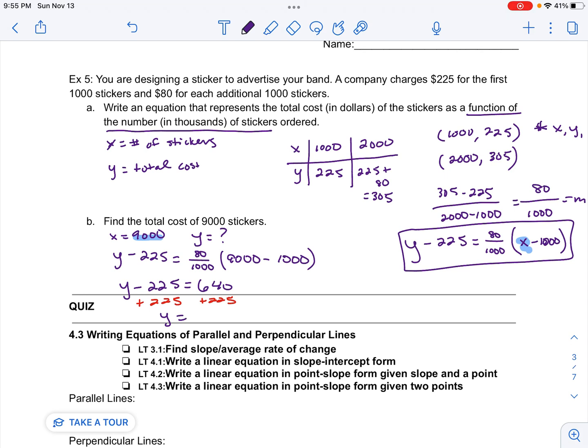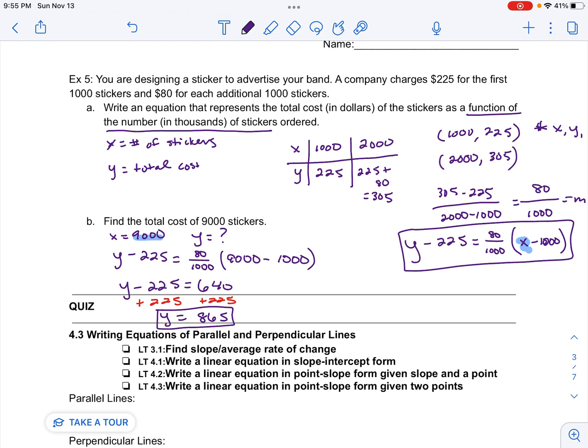So y equals $865. And there we go. There's our final answer.